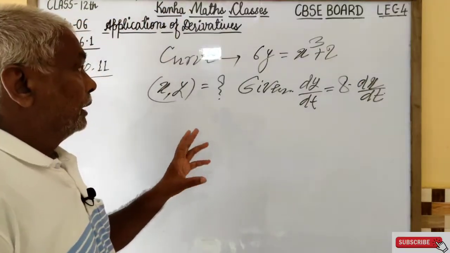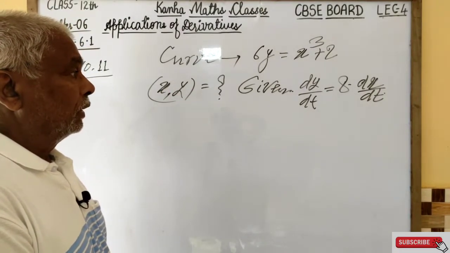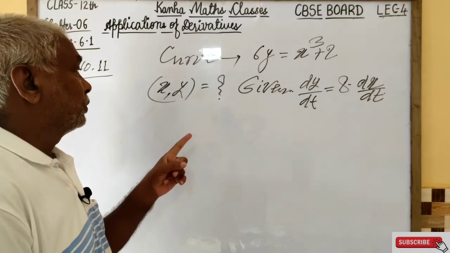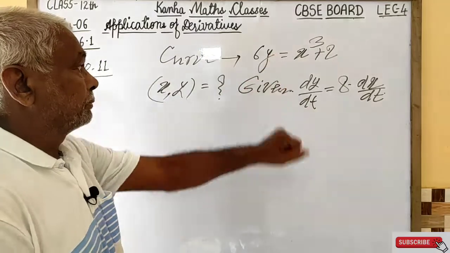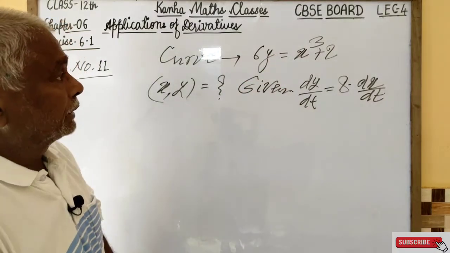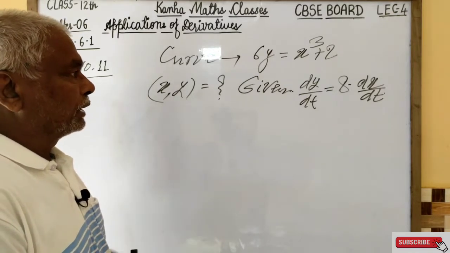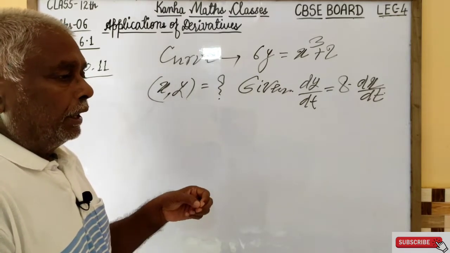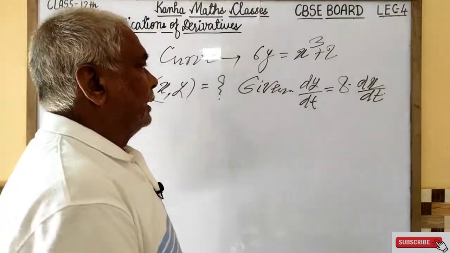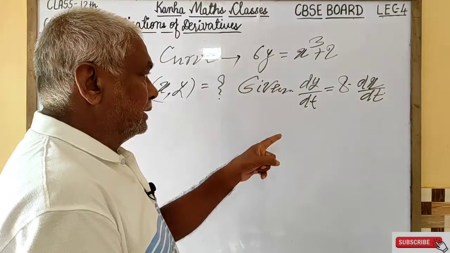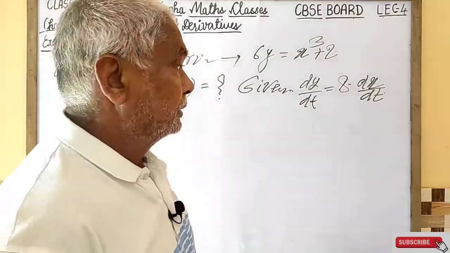Hence, by using derivative laws, we have to find a point x, y which lies on the curve 6y is equal to x cube plus 2, such that the rate of ascending on the y coordinate is 8 times faster than the rate of ascending on the x coordinate.